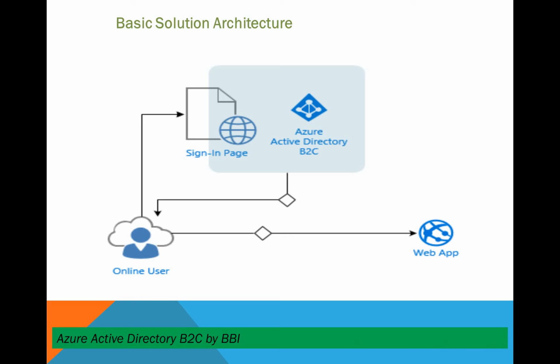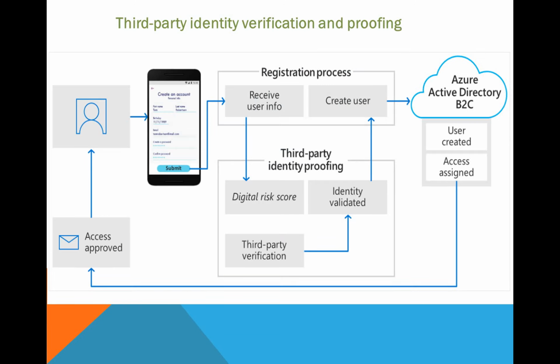Now coming to next, this one is third-party verification and proofing, used for progressive customers. This is one process you can follow. Let's suppose we have a mobile user. First we need to follow the registration process. We receive some information and want some validation or verification with a third party.